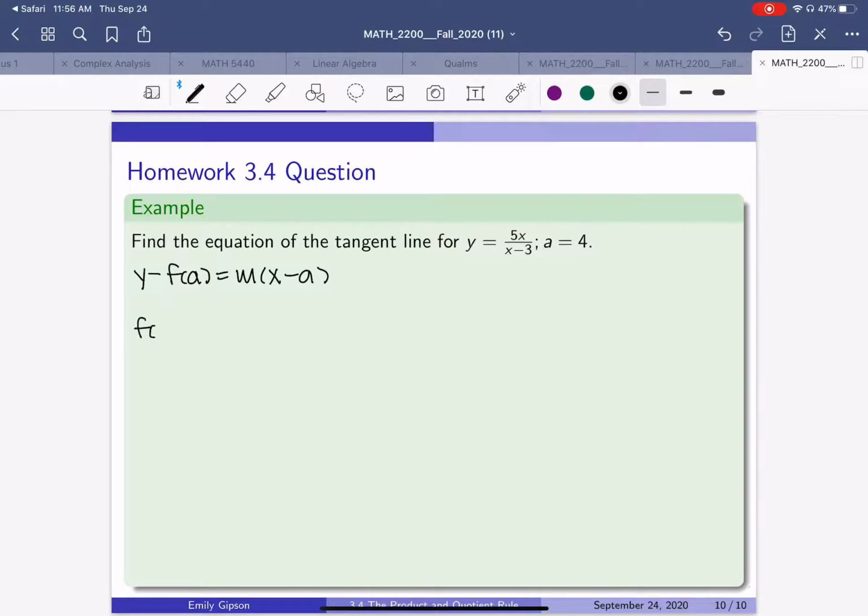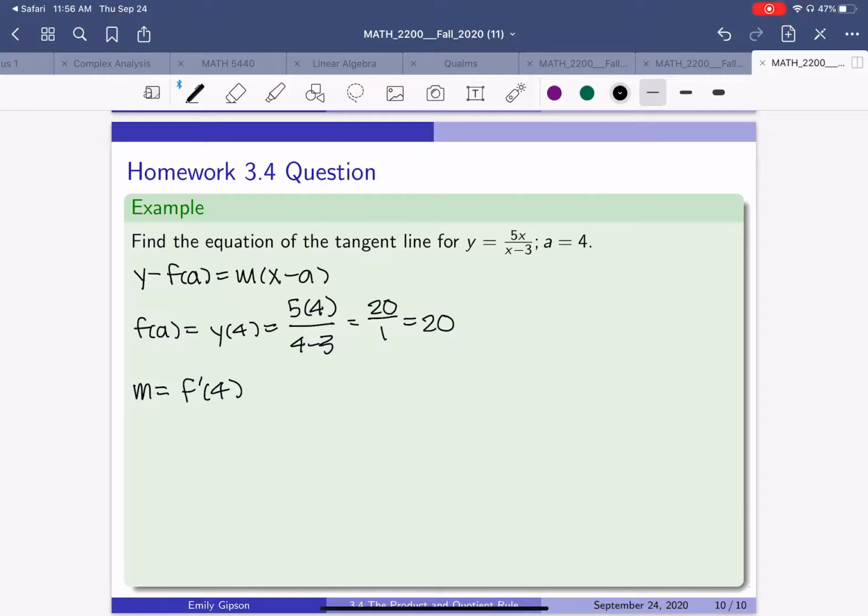So f of a is just going to be y evaluated at 4, which is simply 5 times 4 over 4 minus 3. 5 times 4 is 20 over 1. We're just left with 20. And now we need m. And m is going to be f prime of 4.